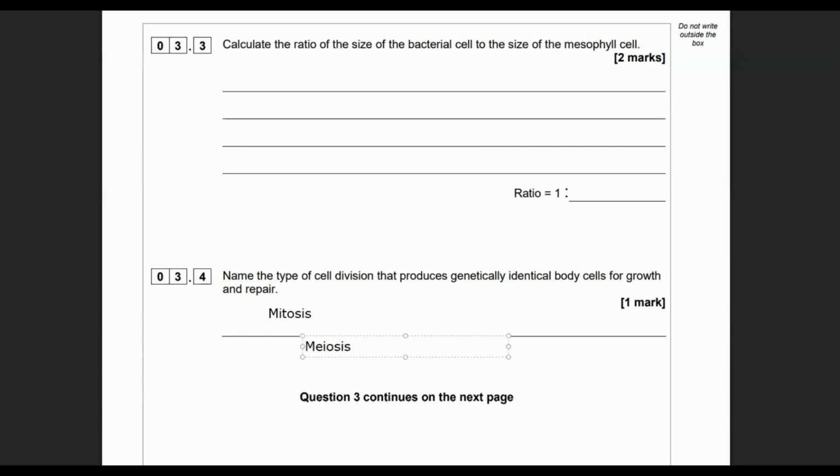Meiosis, I like to think of the E for egg and the S for sperm. So meiosis only happens when making eggs or sperm. Mitosis happens in your toesies. It actually happens everywhere. That'll get you a mark. Let's move on.